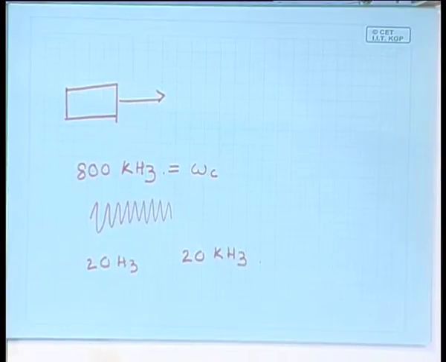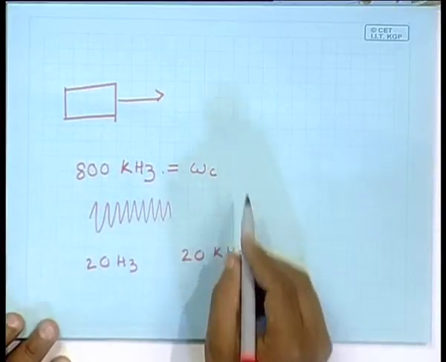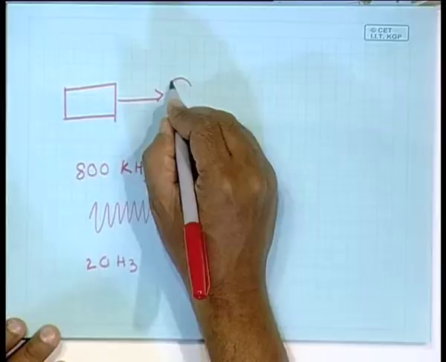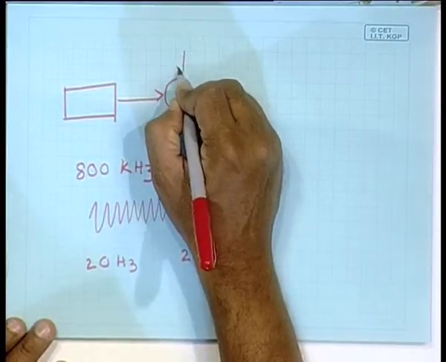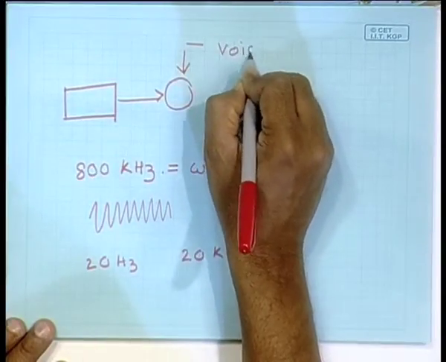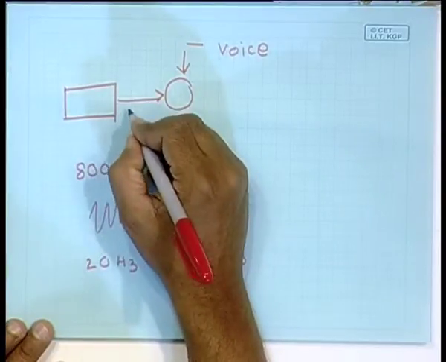So, by using a microphone, my voice could be converted into an electrical signal. This is my voice, the signal which we wish to transmit, and this is the carrier wave.